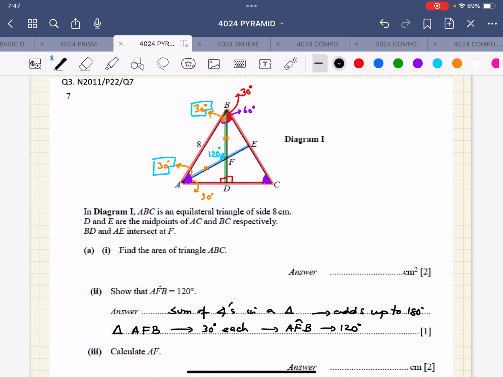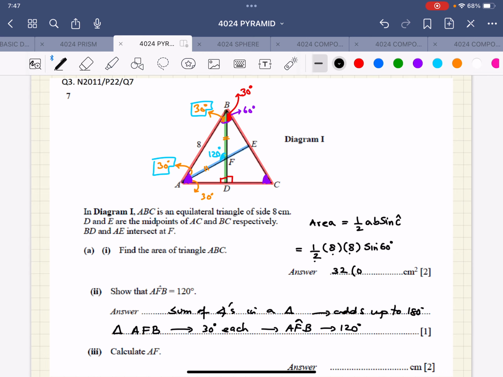Now, what about the area of the triangle ABC? For area of the triangle, what I can do is that I can say this is half into 8 into 8 into sine of 60 degrees. I'm using the concept area of triangle, that's half ab sine C. So therefore, this is 64 divided by 2, that is 32.